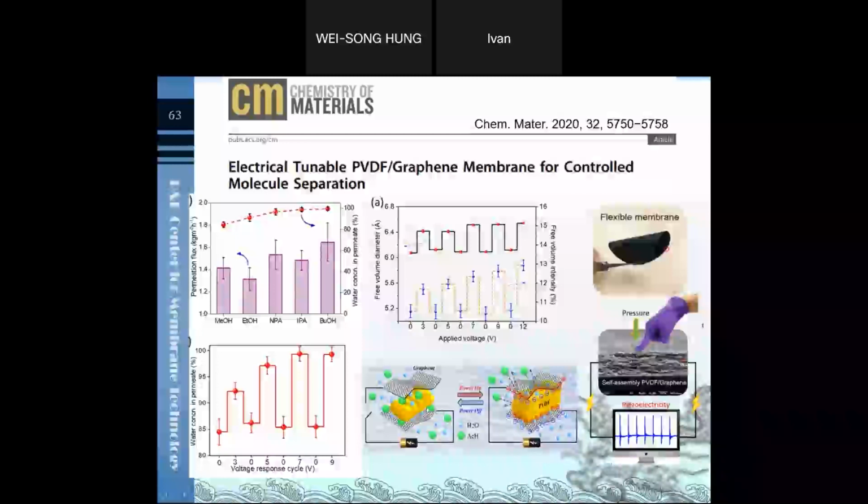When we turn on the voltage, the PVDF part will swell. When we turn off the charge, the membrane will return to the original. So the interface channel will be changed, and it's good for any kind of feed solution or feed pollution separation.